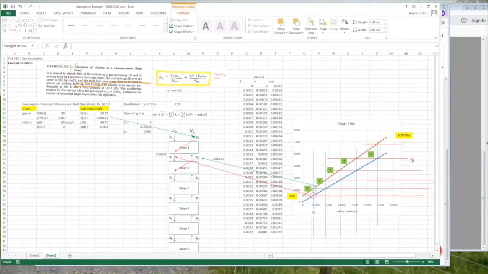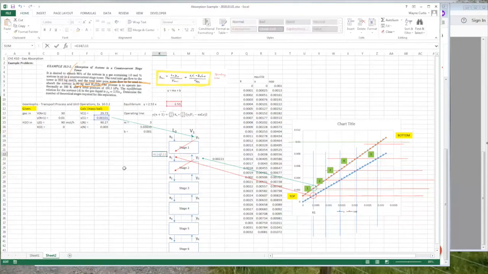This is the y-x diagram. This axis is y, this axis is x. Clean water was coming in, and at the top of stage 1, which is where we are right here, corresponds to this particular data point. That data point is then used to calculate across to x1, which is determined by equilibrium.